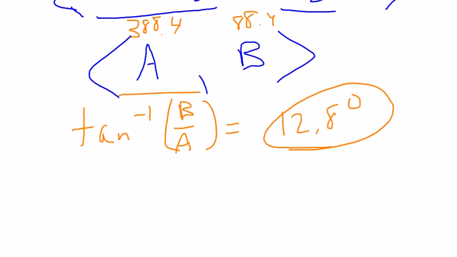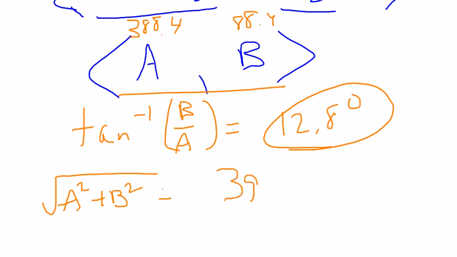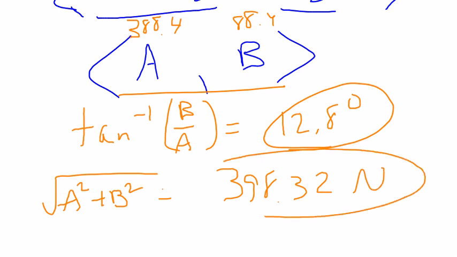Well, when I have it in component form, it's the square root of a squared plus b squared. If I do that, I get 398.32 newtons.